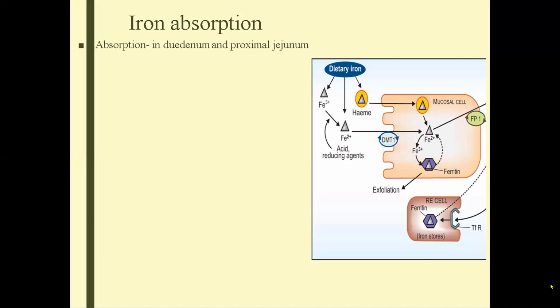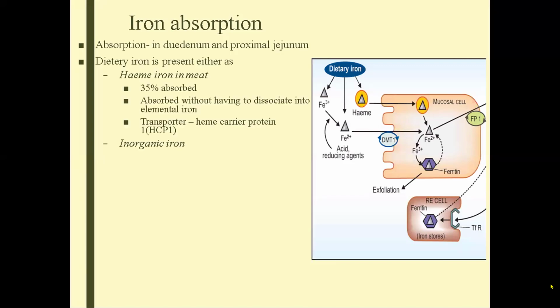If the iron store is low or the demand is high, other parts of the intestine can also absorb the iron, right? So it's not that only the duodenum and proximal jejunum absorb iron. Depending upon the iron status, if you require more iron, then they can also absorb, or in any anemic situation, the other segments may also be active, right?